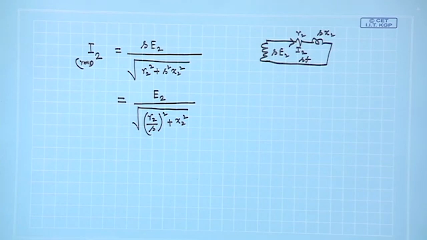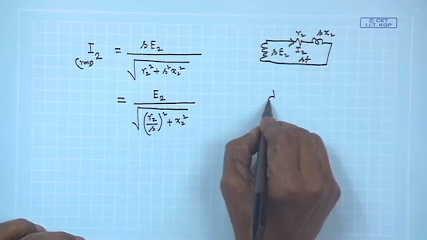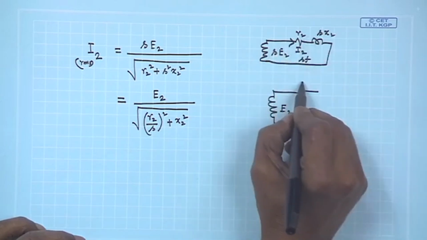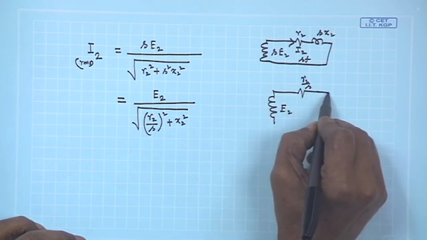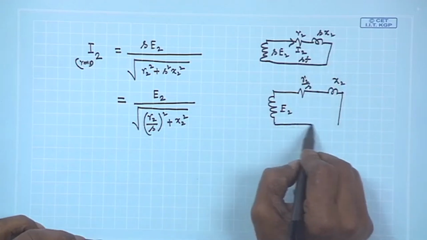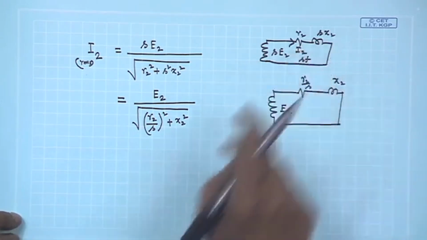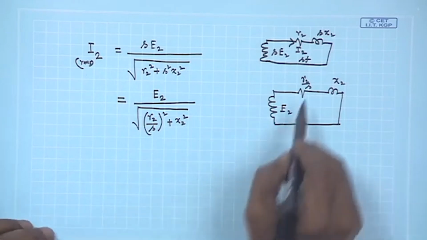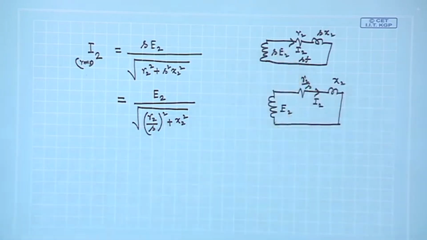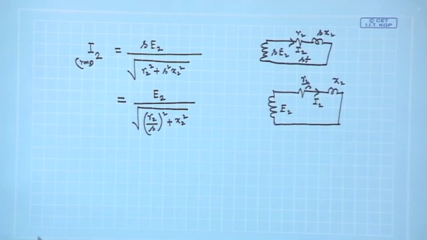I am trying to draw this circuit like this: there is E 2, and this resistance you divide by S, it is R 2 by S, and this reactance you divide by S, you get X 2, and you close this. These two circuits, so far as the magnitude, the RMS value of the current is concerned, will remain the same.